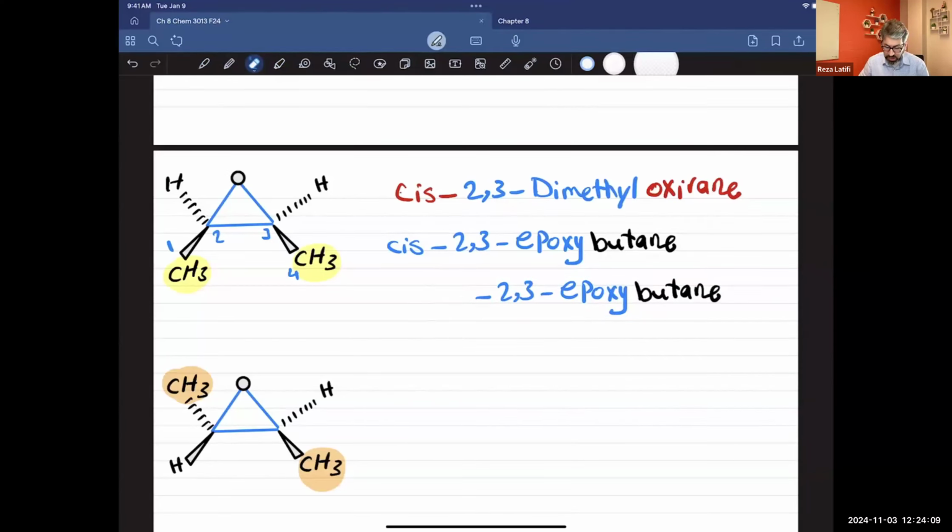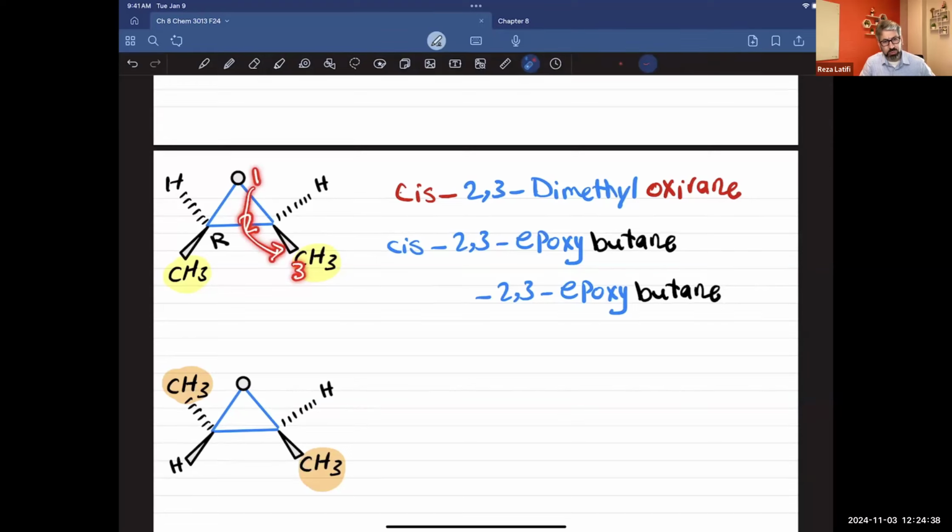Instead of cis, I'm going to go after the configuration. This one is number 1, this is number 2, that one is number 3, and that's number 4. So this is going to be clockwise. We will get R here. And if we go with 1 here, this is going to be 2, and this one 3.